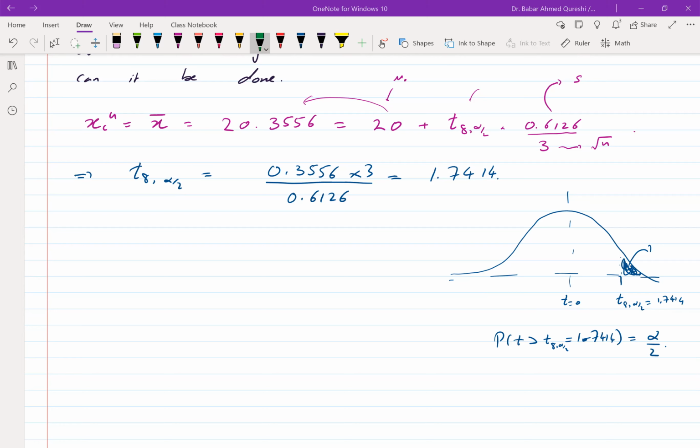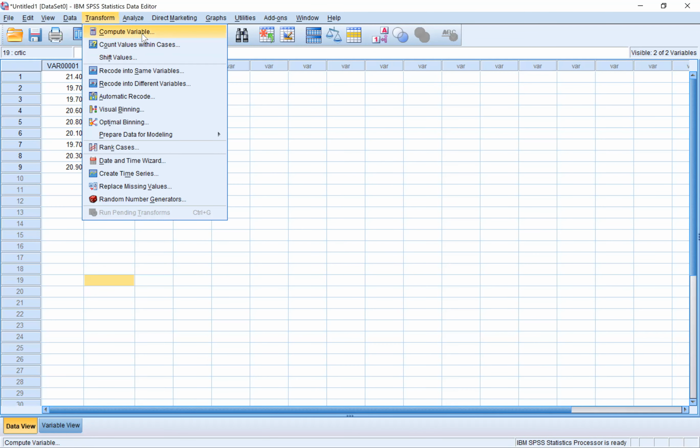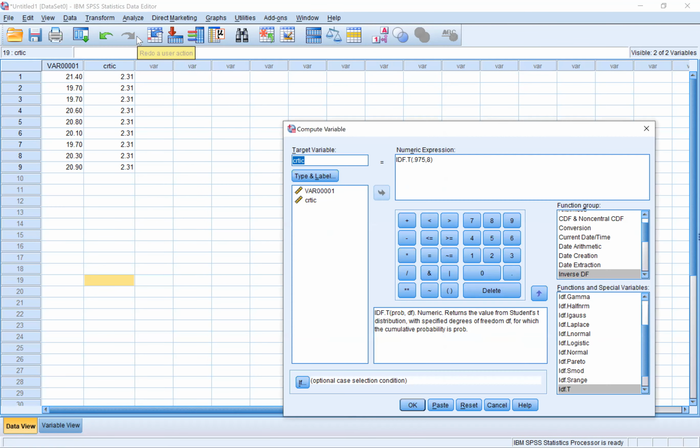Let's look it up in the SPSS. So transform, compute variable. This time you're not looking for the inverse one.